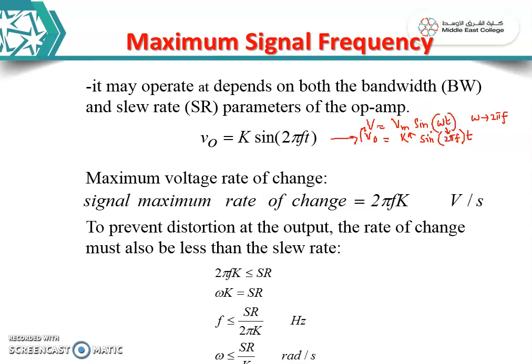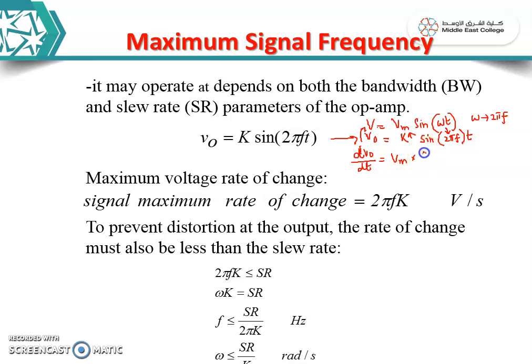Now I'm going to find out the rate of change of this signal. So I'm going to find out how much is dV0 divided by dt. So K is a constant, or Vm. So let me differentiate the first one so that it is easy for you and something which you already know. So it is equal to Vm into, Vm is a constant.